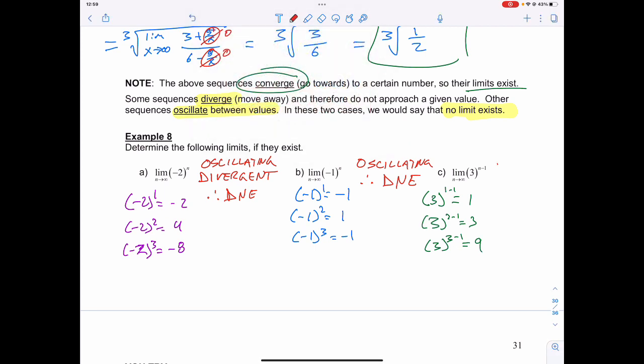And this is just divergent, which means that once again, the limit does not exist.